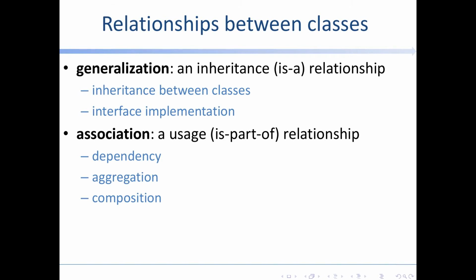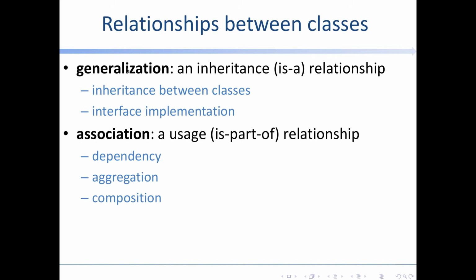So we talked about the classes themselves, the boxes for the classes. Now, what can you do with those classes? How can you associate them? There are two main types of relationships that you can depict in UML diagrams. One of them is a generalization type of relationship, which means you're either inheriting, like there's a subclass and superclass, or it can be an interface, like the one we just saw, the Cloneable interface.